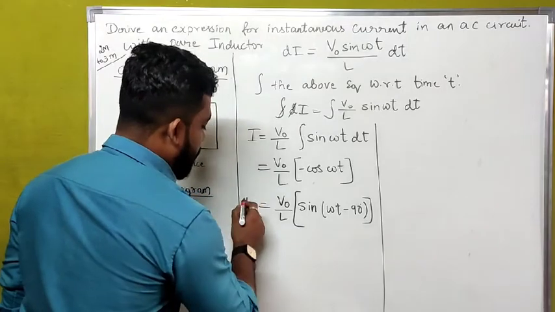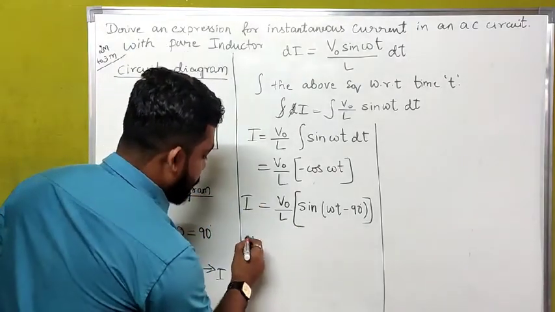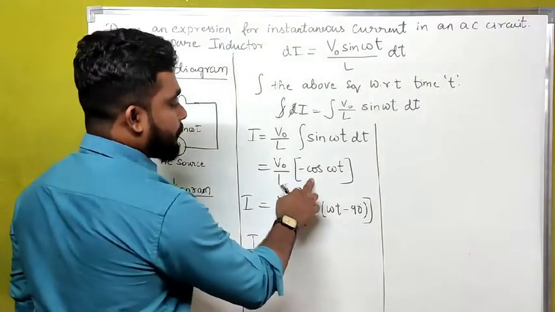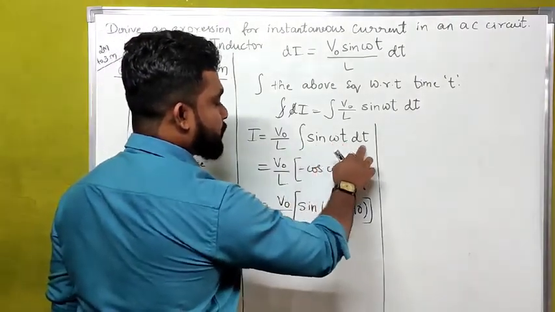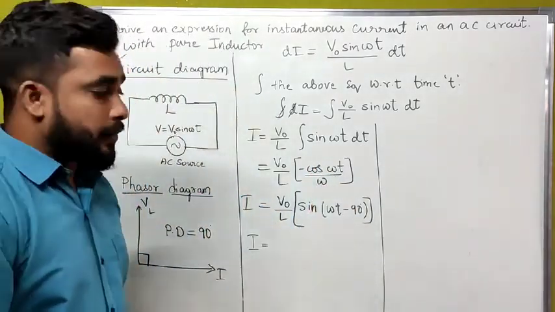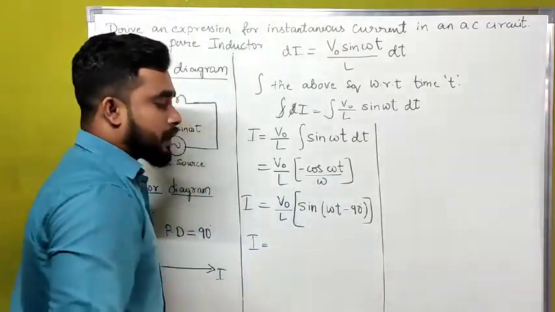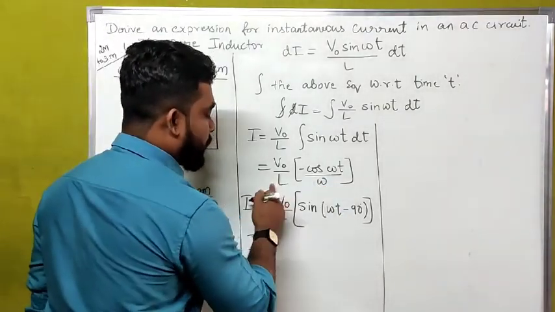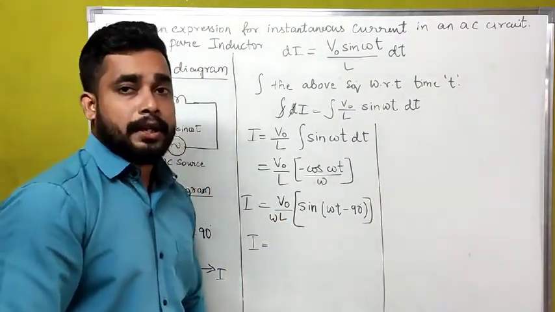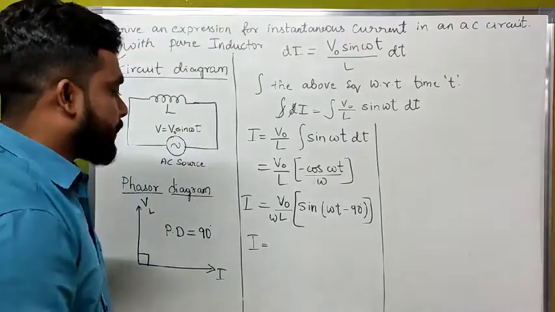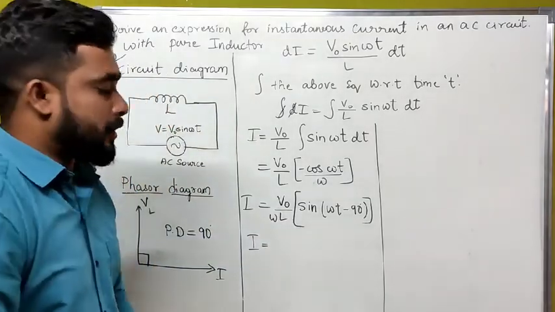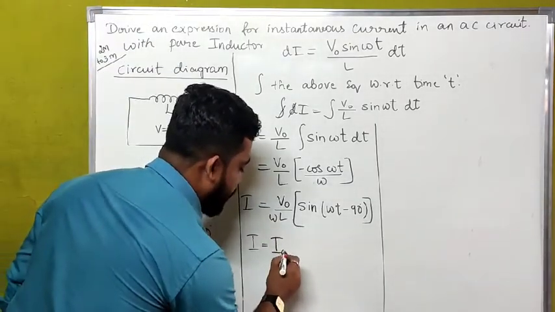Or we may write this equation as I is equal to, here if we integrate sin omega t with respect to time t, in the denominator we will get omega. We have to keep that as it is, and if we take the constants out, then V0 divided by omega L into sin of omega t minus 90 is the remaining factor.